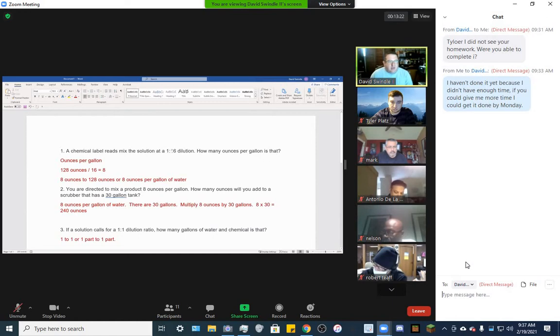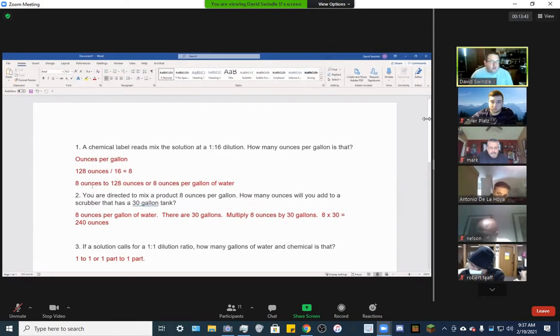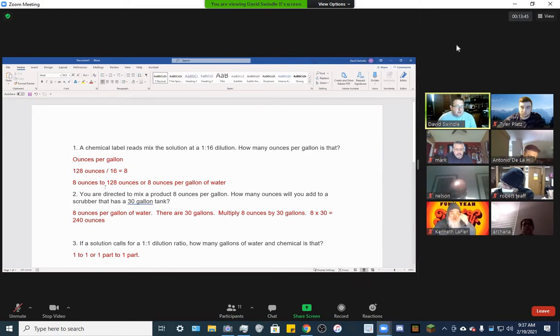A gallon is 128 ounces, so we're going to divide that by 16. 128 divided by 16 gives us 8. Does that make sense? Yeah, it does. Everybody's got that? Yes. So the answer was 8 ounces per gallon of water.